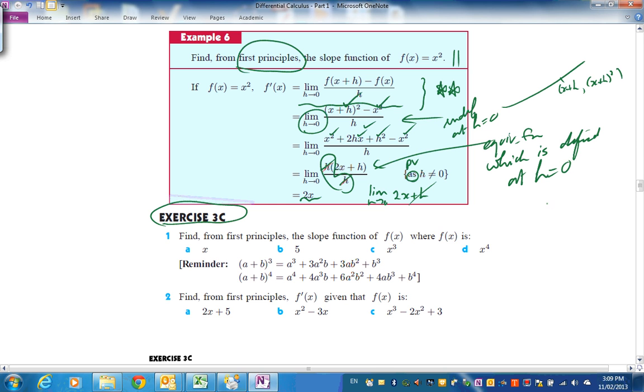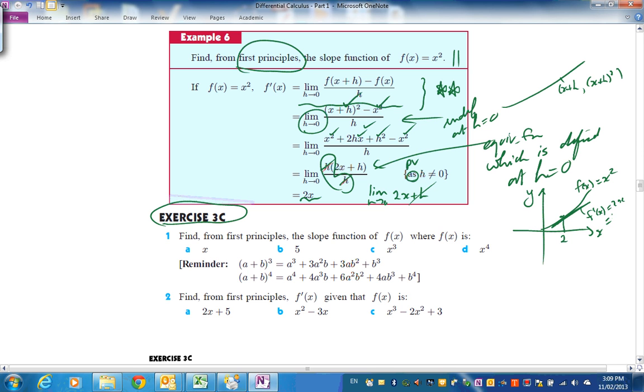What does that mean? Well, if we had x squared up here, f of x equals x squared, and we went to the value x is 2, to get the slope of the tangent there we use f dashed x equals 2x.